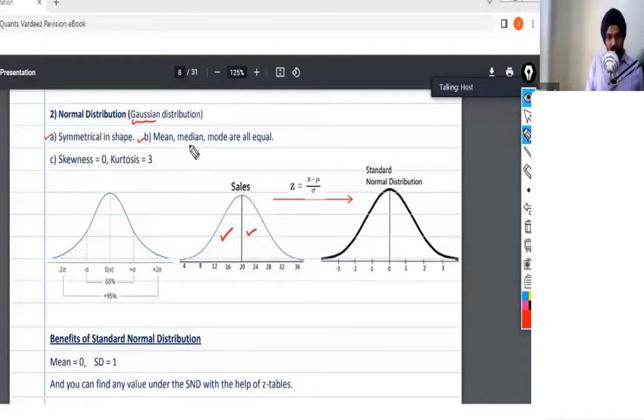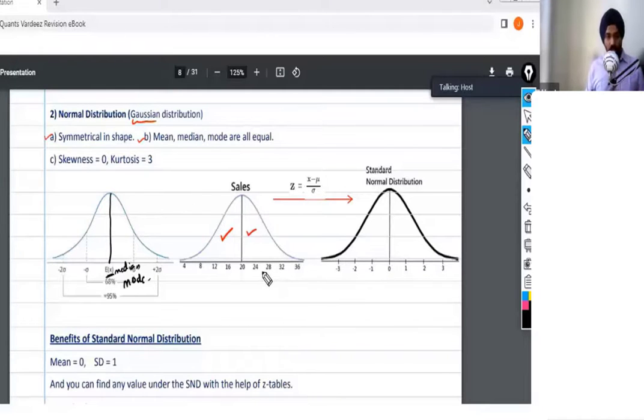The mean, median, and mode are all equal. If I just take this center point of this distribution, that's where I will have my mean, which is the expected value of x. I will also have my median and my mode, because the mode is the top value, which is this. The median divides it into two parts, so that's the median as well.